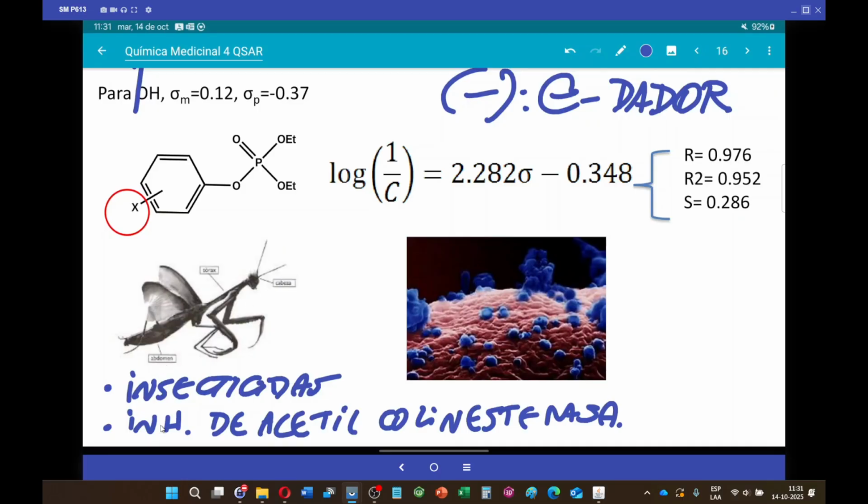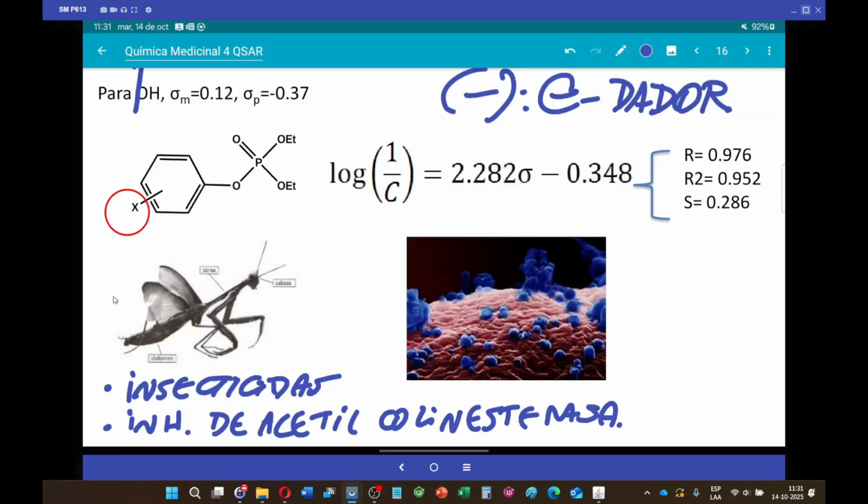In humans, the inhibition of acetylcholinesterase can be used peripherally with this type of covalent derivatives, particularly at the ophthalmic level for the treatment of glaucoma, which is the increase in intraocular pressure that can be serious because it can cause retinal detachment.